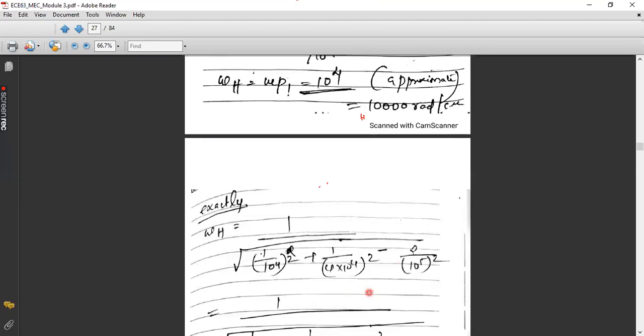Take your calculator, do it and tell me the answer. Put it in the chat box. Check whether we are getting at least the same answer. Anyway, you won't get exactly 10,000 radians per second, but we can compare whether we are getting a close answer.